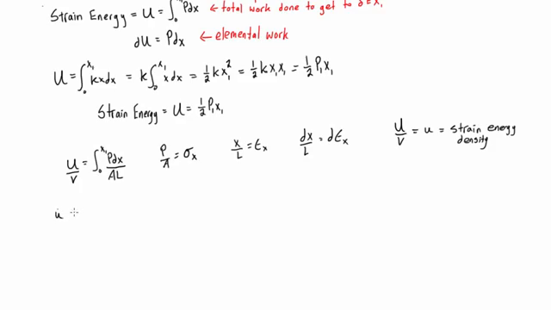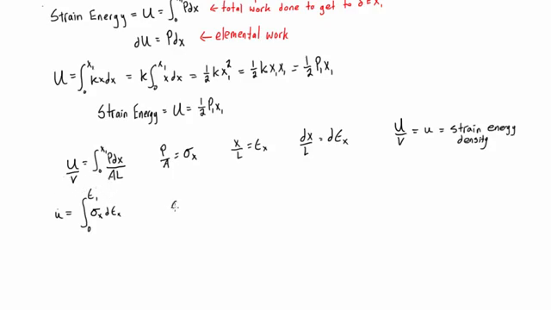So we'll write this as lowercase u, and we'll have our integral here. We'll substitute P over A for our normal stress, and then we'll substitute this here for our elemental strain d epsilon. And then this means that we'll have to go from 0 to strain epsilon 1 there.